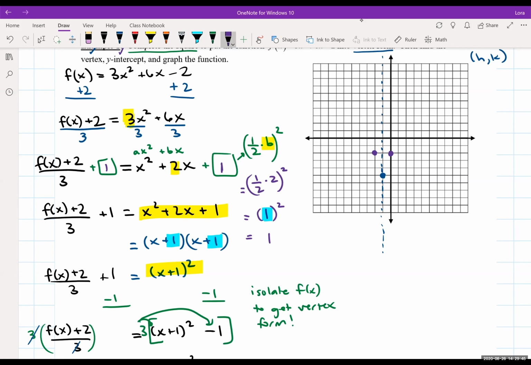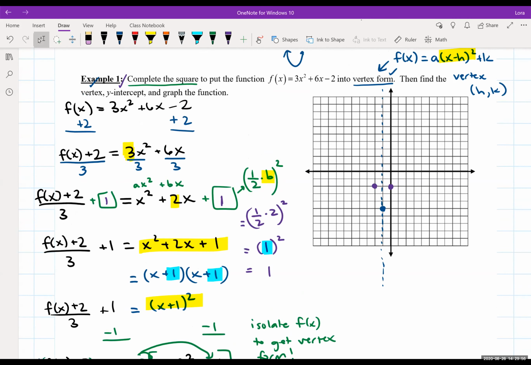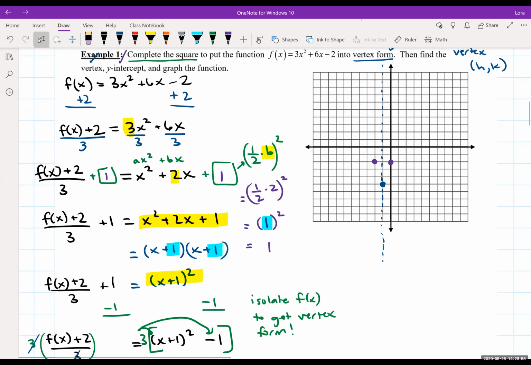Now this could give you a graph, but usually we want to find a few other points before we draw our graph. It's not quite accurate if you only know 3 points of a parabola. I'd prefer to find a couple more points just to make sure I have the correct width.